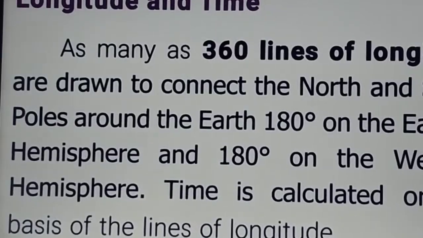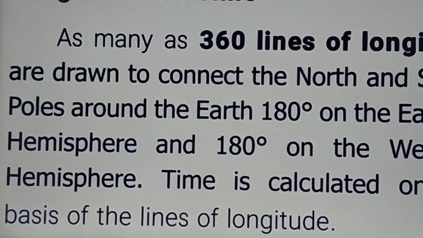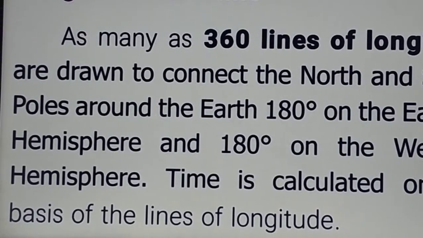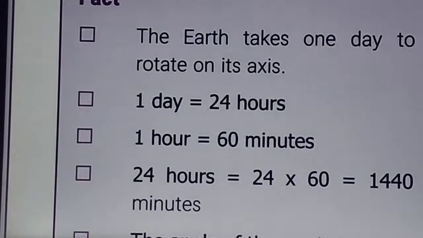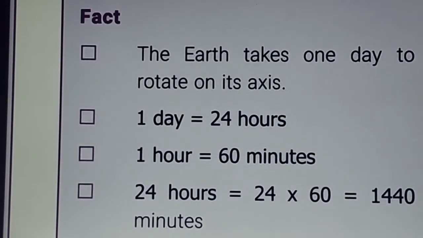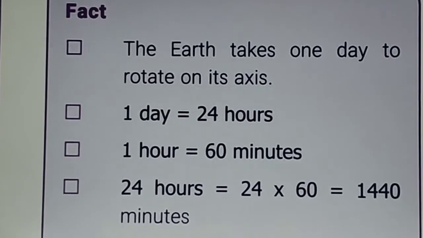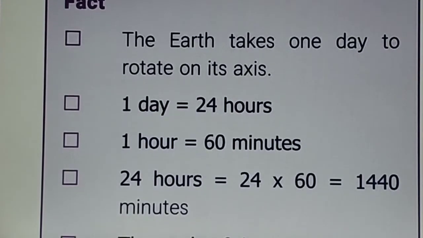Time is calculated on the basis of the lines of longitude. The earth takes 1 day to rotate on its axis. One day equals 24 hours. 1 hour equals 60 minutes.